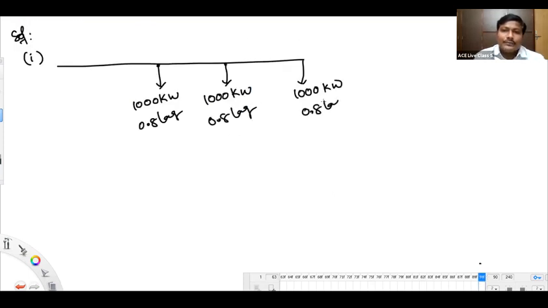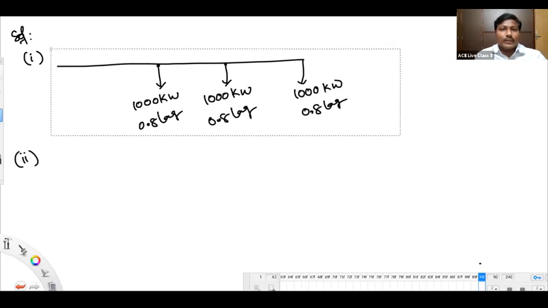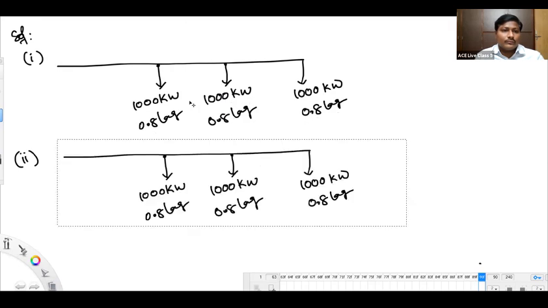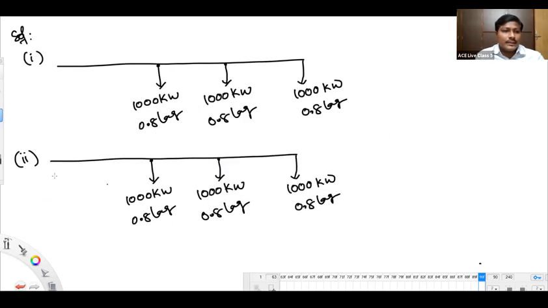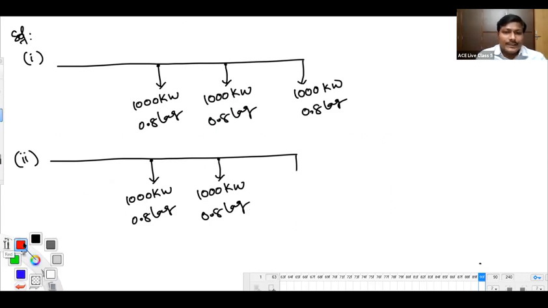Now, in the second case, the third induction motor I am replacing with a synchronous motor.